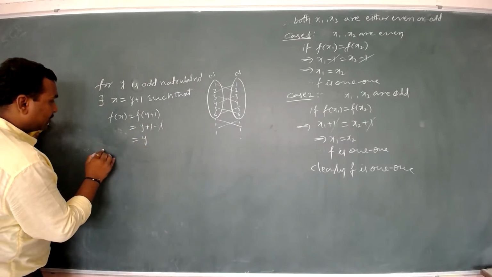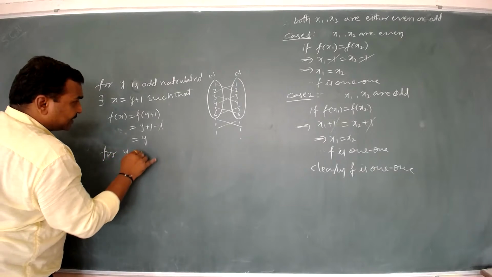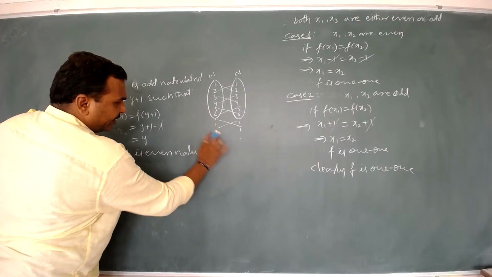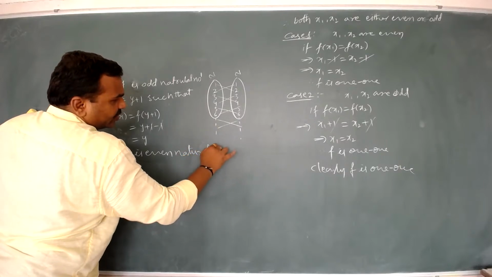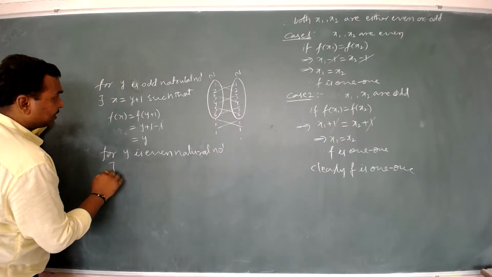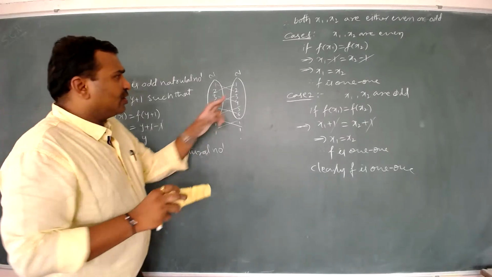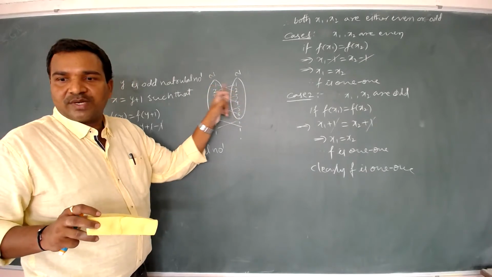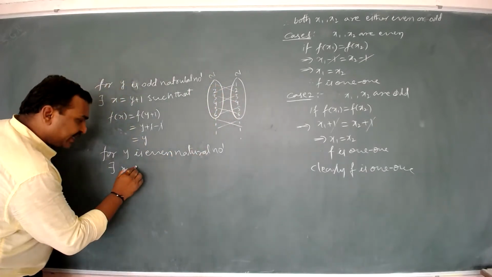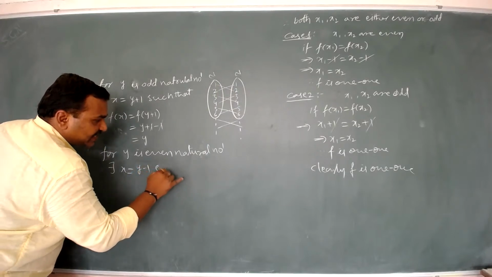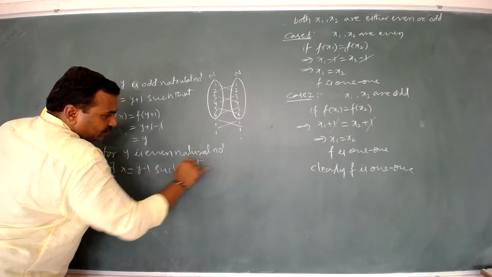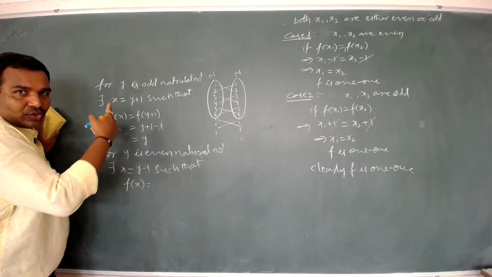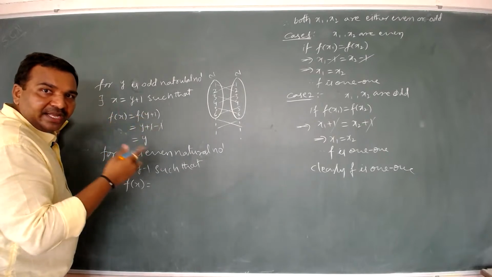Okay. Next, for y an even natural number, there exists x equal to y minus 1. If y is even, what is x? Y minus 1. So there exists x equal to y minus 1 such that f of x equal to y. What is f of x now? Two functions are there now, x plus 1 and x minus 1.